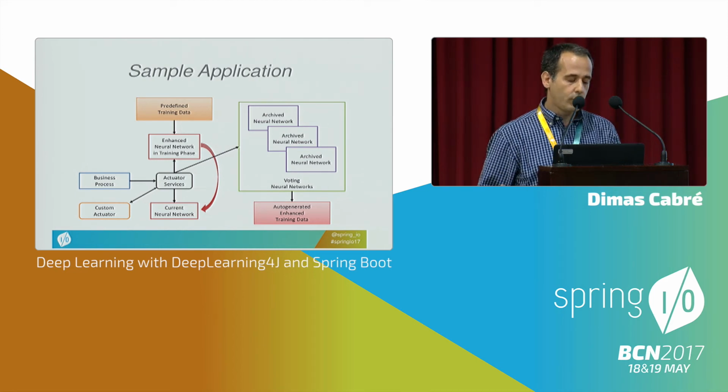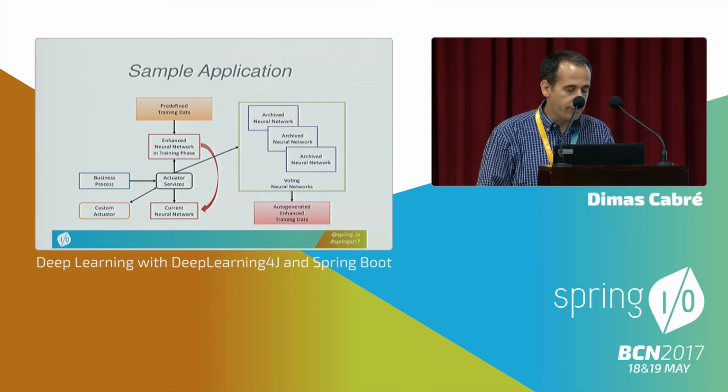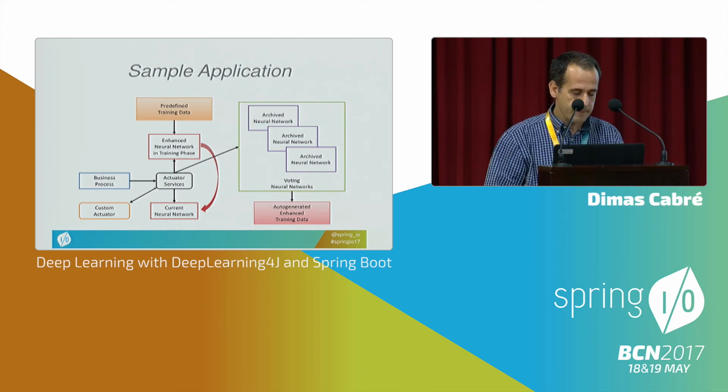Okay? So, what is the strategy? We think about a business process that delegates its behavior to a neural network. That's what we call the current neural network, okay?